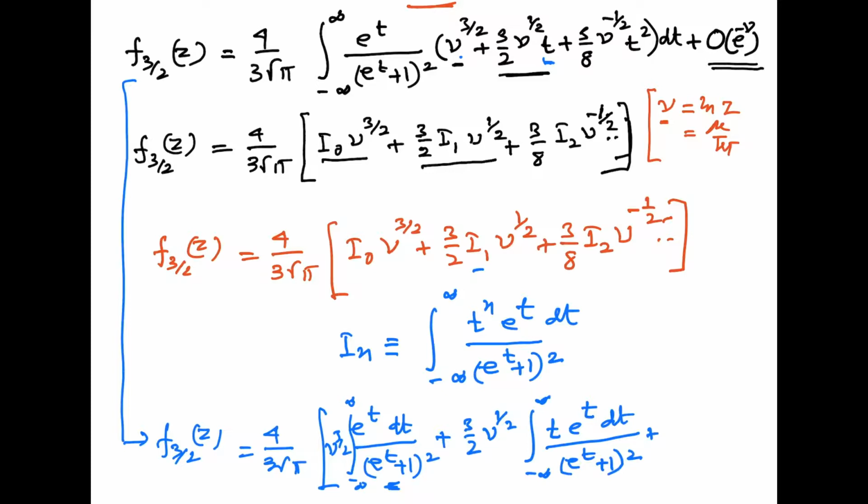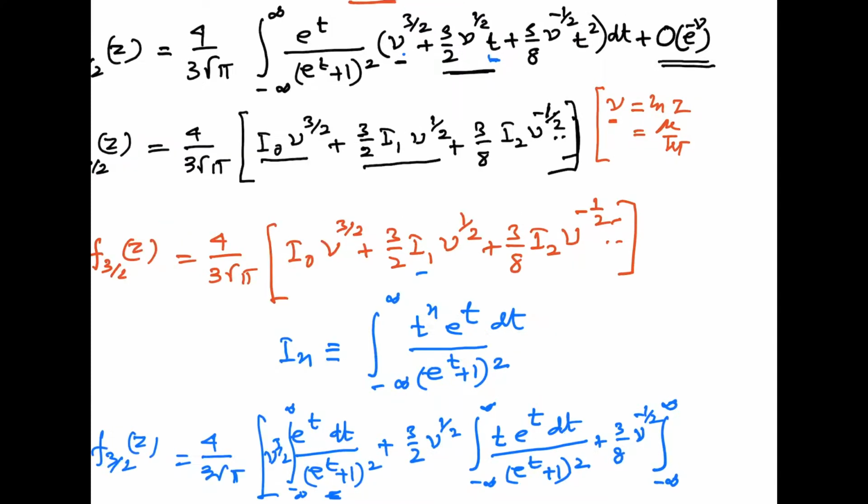Plus if you take the third term, that is 3 by 8 nu to the power minus half, and what remains is the integral from minus infinity to plus infinity of t square e to the power t dt divided by e to the power t plus 1 whole square. So that is I2, n equal to 2, so it is t to the power 2. So that is what the In are.